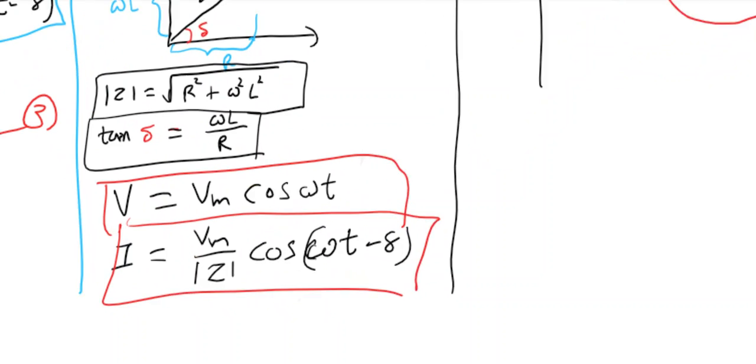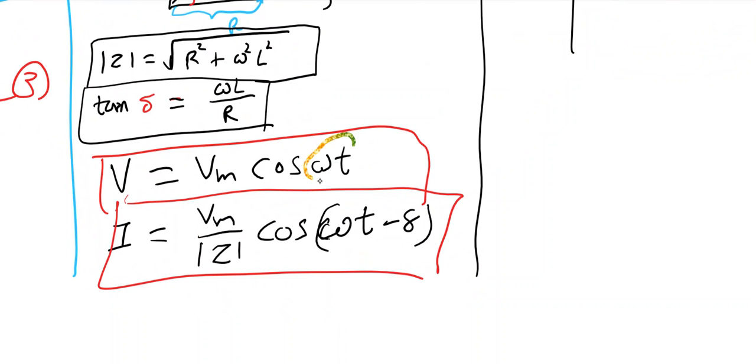Voltage is a function of cos, and current is also a function of cos, so both should start from maximum, but the voltage has phase omega t and current has phase slightly less than omega t. Okay, it is omega t minus delta.